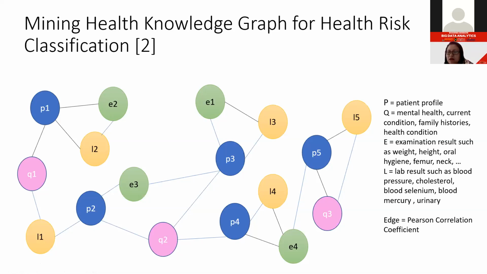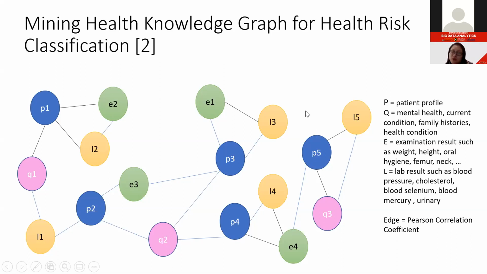When we know the Pearson correlation coefficient between one node and another node, the higher the coefficient value means that there is a strong relation between two vertices.